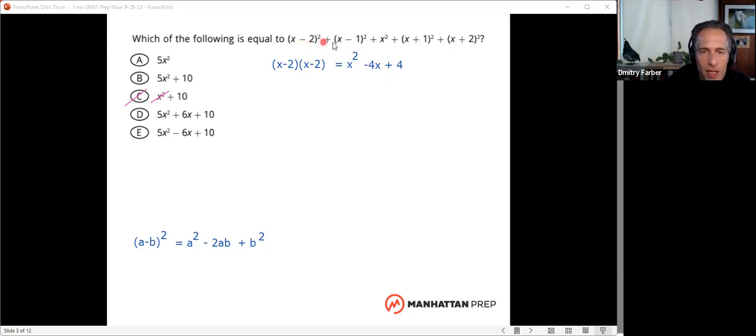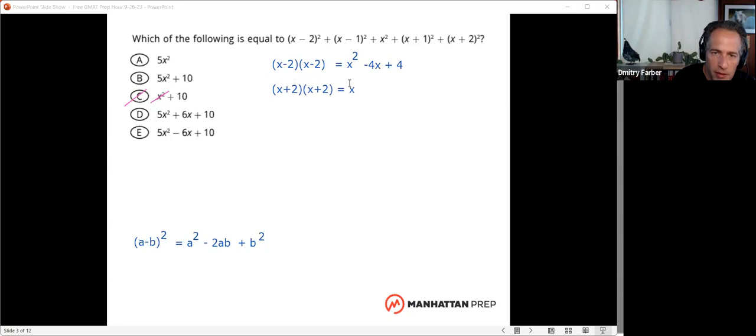If I keep expanding the rest out, will all my x terms be negative? Will some of them be positive? What about this term? Let's look at what happens when I do x plus 2 squared. The x times x is the same.